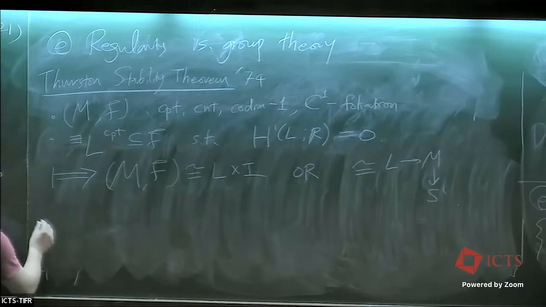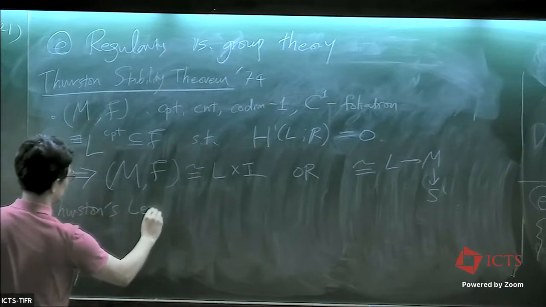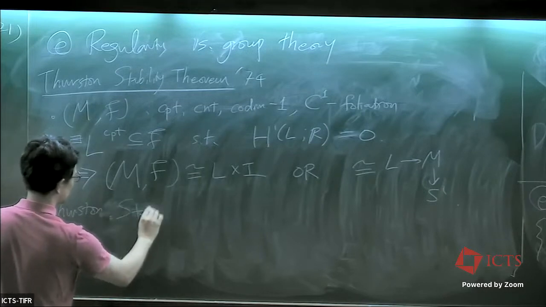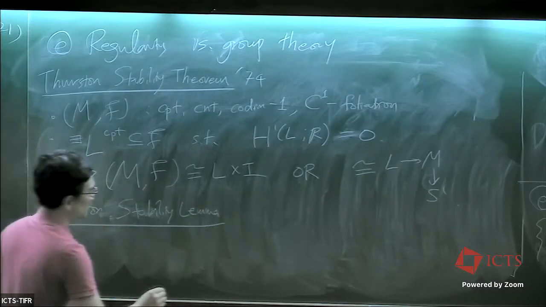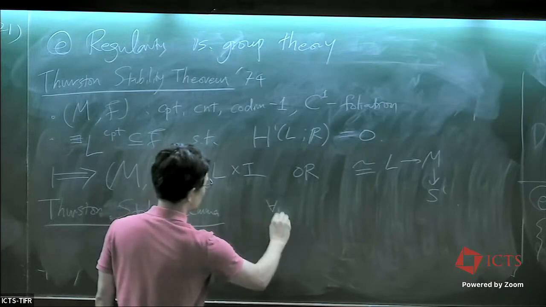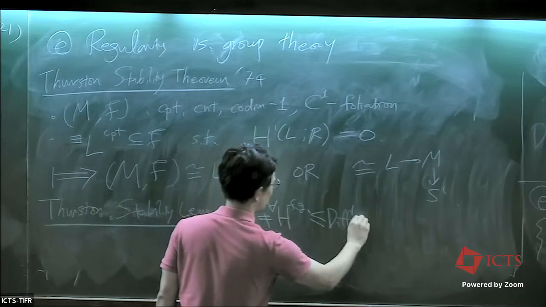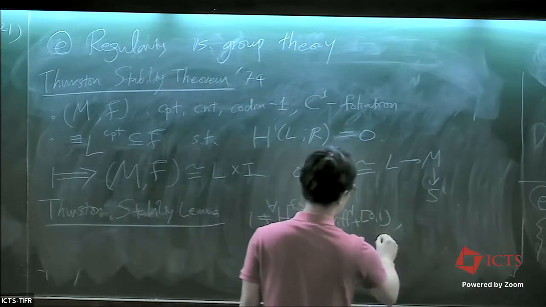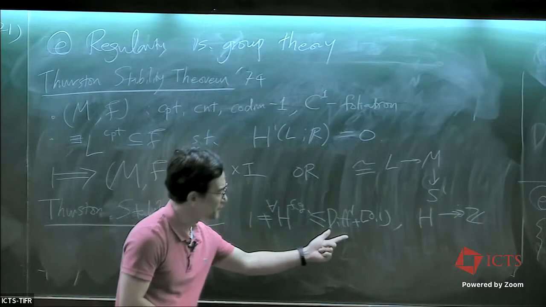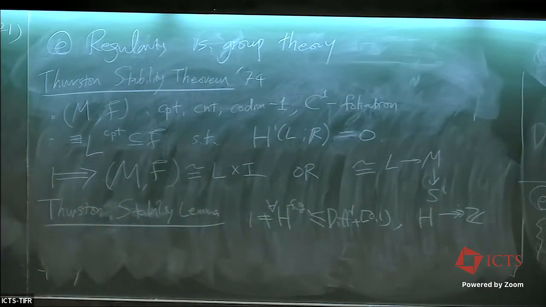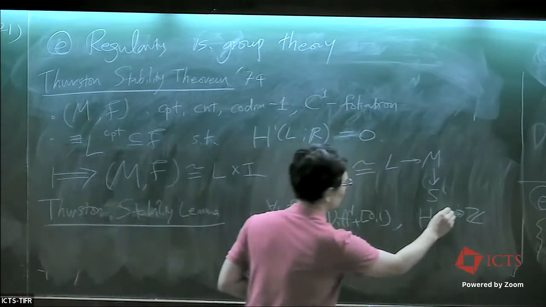And if you look at the proof, the heart of it is a very simple looking lemma, which some people call the Thurston stability lemma: any non-trivial finitely generated group inside Diff^1 of the interval never surjects onto Z. In other words, this C^1 diffeomorphism group is locally indicable, if you already know what that means.